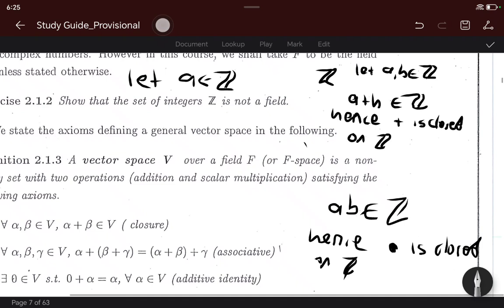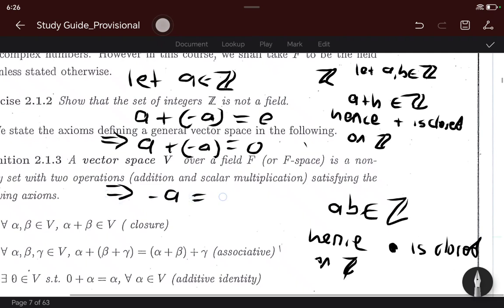Remember the definition says that for the inverse to exist, under this addition we must have a plus the inverse equal to e, which is 0. This implies that a plus minus a will be equal to 0.